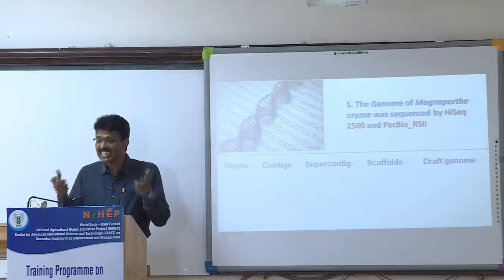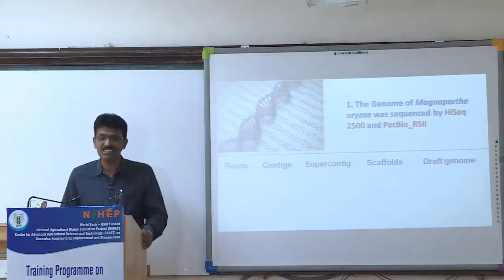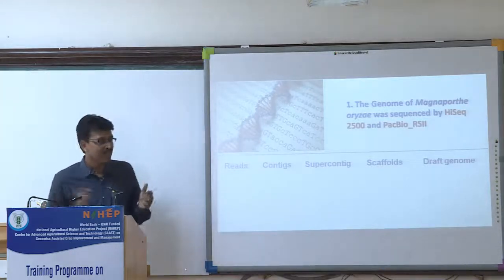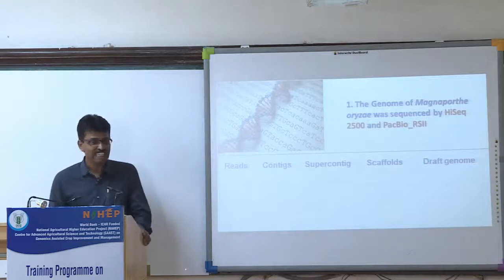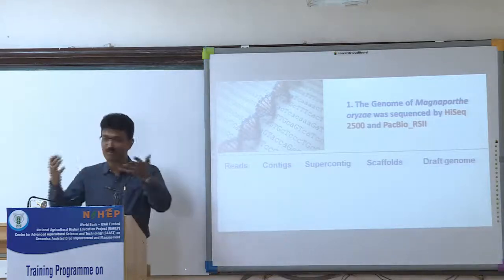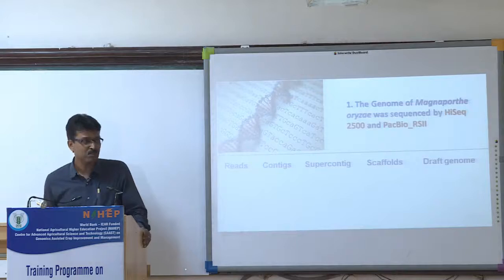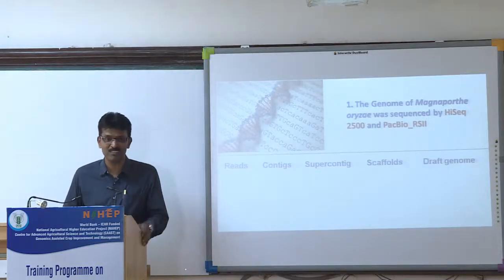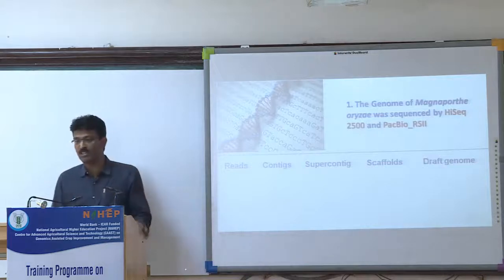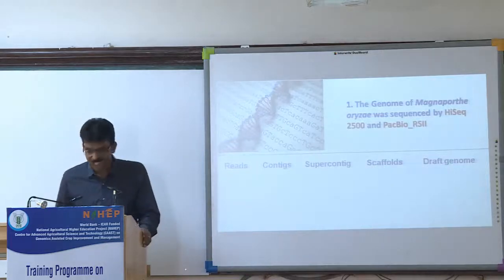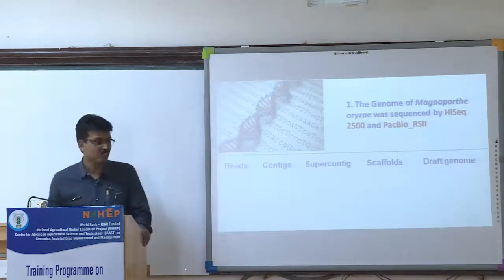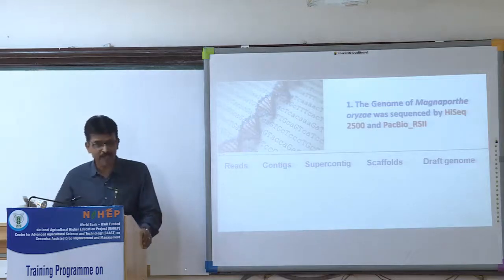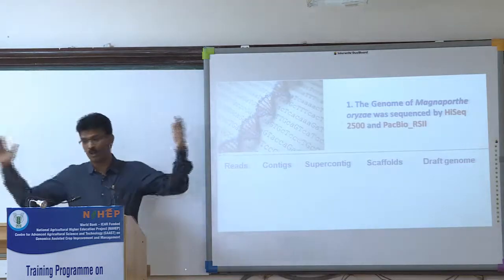Read is a kind of jargon we use, just to tell you that the machine generates raw reads. The length of those reads depends squarely upon the chemistry in place. Illumina technologies are known for giving short reads, and the other technology, SMRT, PacBio, is known to give long reads.